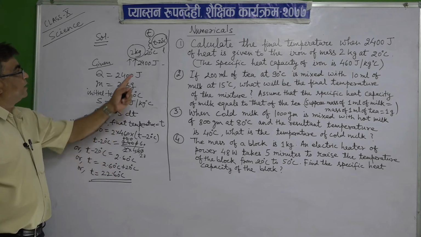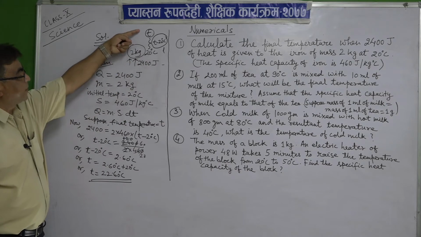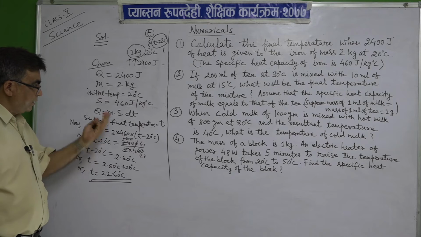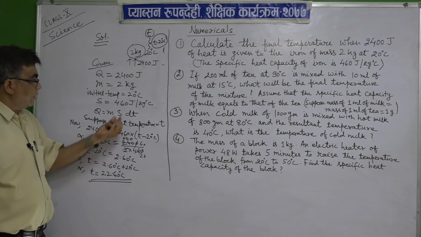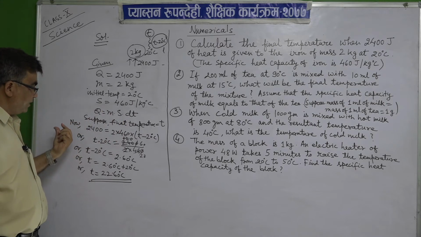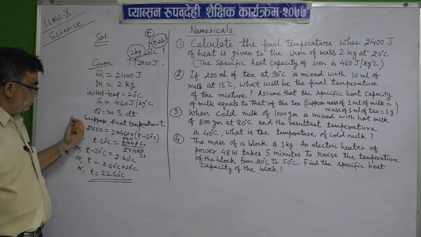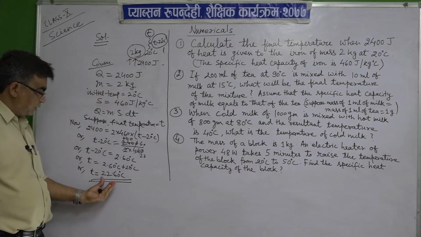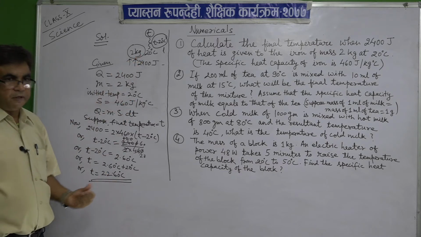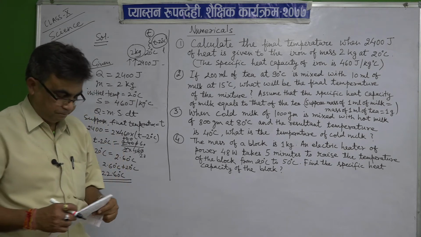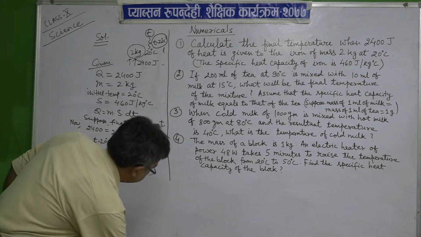Initially it was at 20 degree centigrade, now it has become 22.60 degree centigrade, clear? So, in this way you can do it, or you can simply calculate dt directly. If you calculate dt, it will definitely come to 2.60, and if you add it to 20 it will come to 22.60. In that way also you can calculate. Clear? This is clear?